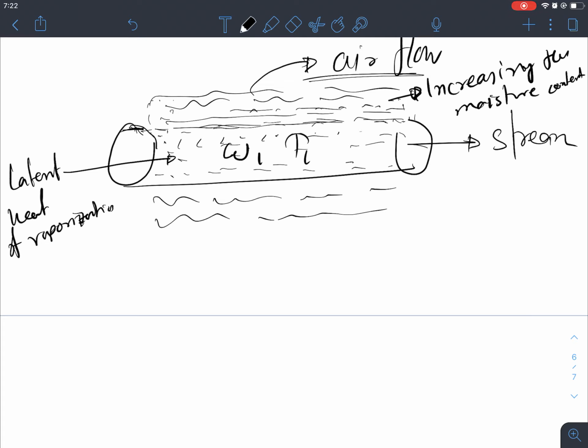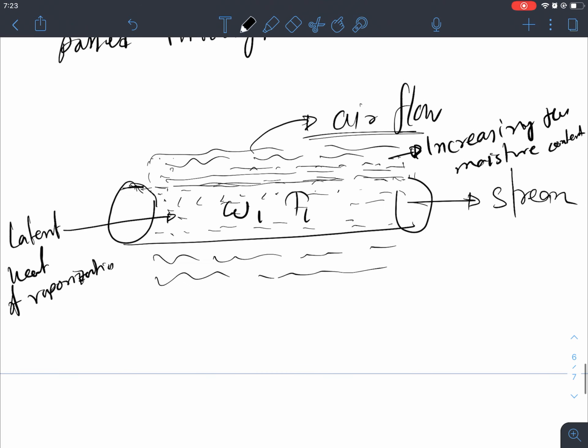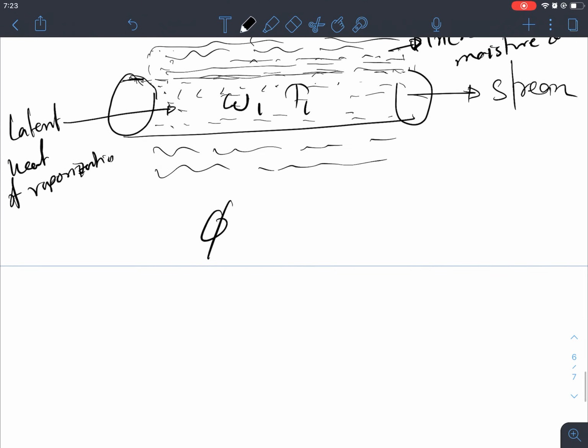So if the channel is long enough, the air stream exits as saturated air. Why? Because it's converting water into water vapor and mixing with the airflow, right? So the humidity becomes 100 percent at that temperature.